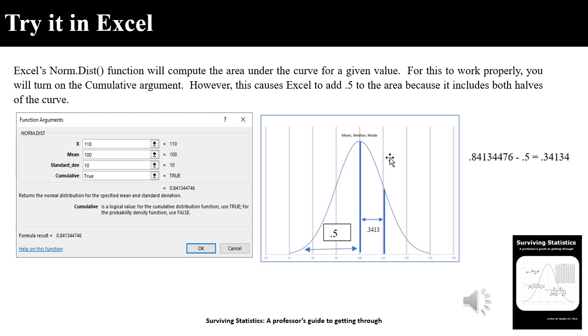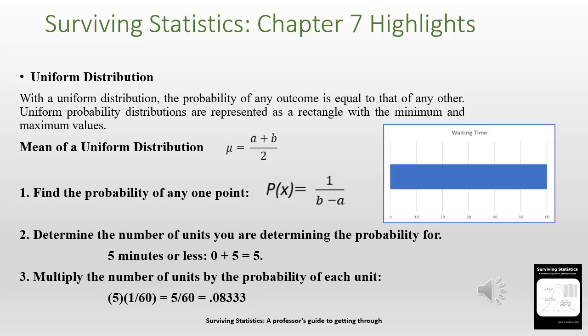But remember, because we're looking for 110 or greater, we're looking for that tail to the right of one standard deviation, or a z-score of 1. And so we'll have to subtract 0.3413 from 0.5 to end up with the area under the curve that would represent 110 or greater. Well, that's really it for Chapter 7.